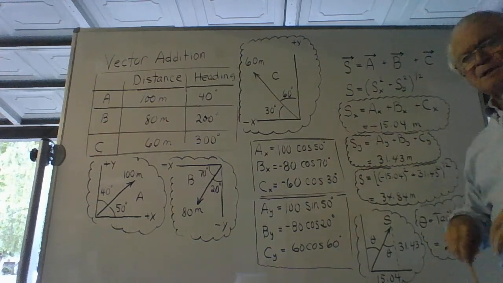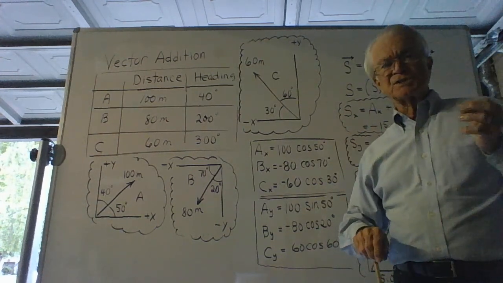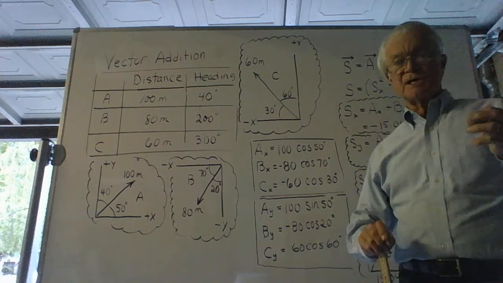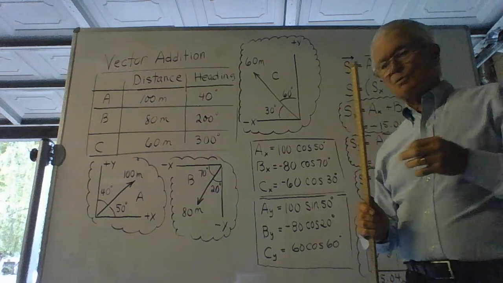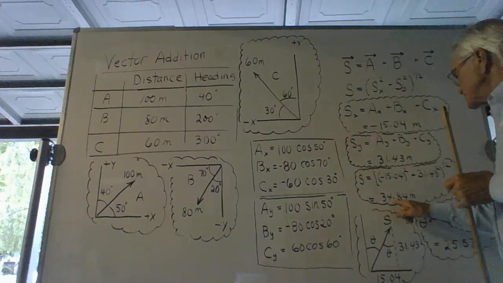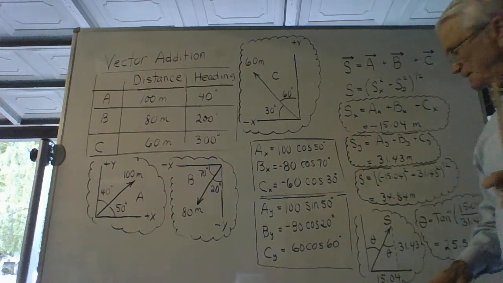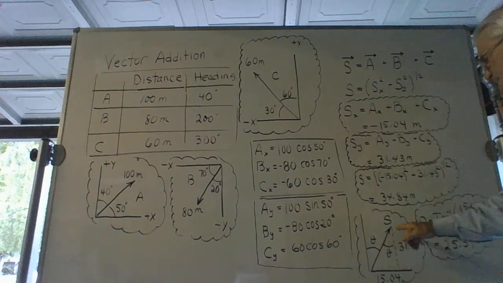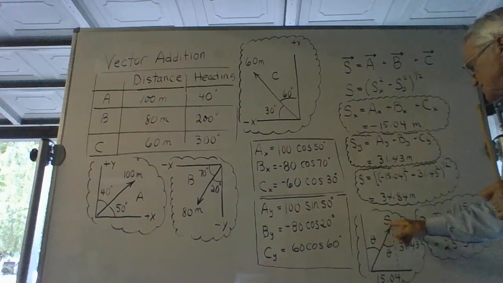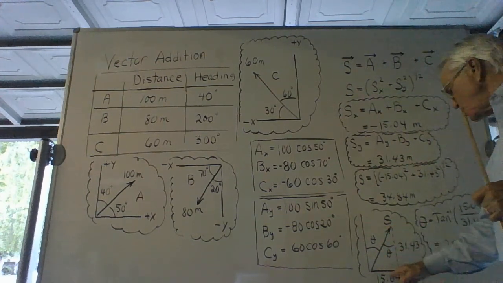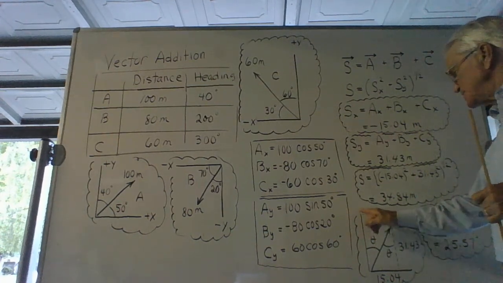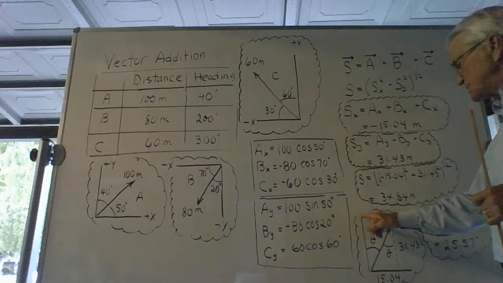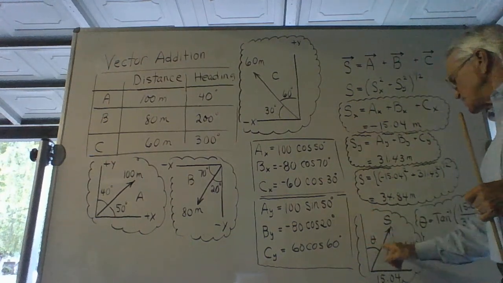Now, a second hiker starting out at the same location, initial location as the first hiker, would have to travel that many meters along a particular heading. The heading is found by drawing the S vector and its separate components. Theta there is the angle between the north direction, which is the positive y-axis, and the S vector.